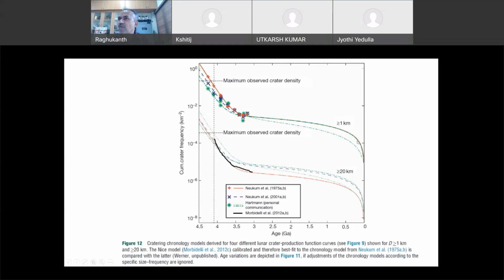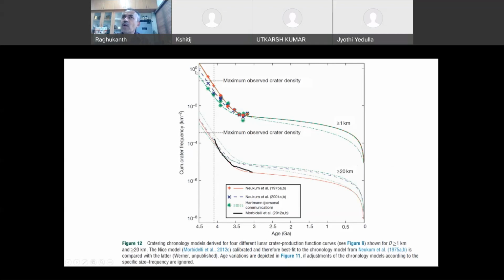If you see the first graph, for more than 1 kilometer craters, can you read it at 0? See 10 to the power of minus 4 here, 10 to the power of minus 6 here. For 1 kilometer craters, what is the frequency? 10 to the power of minus 5. But when the moon was formed, it was almost 1 actually.